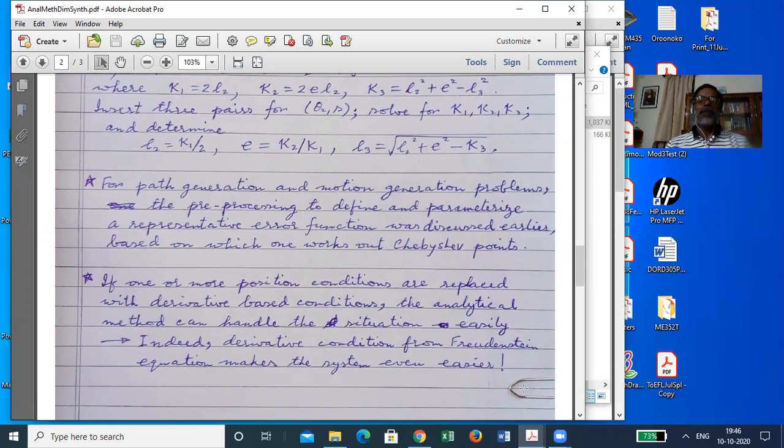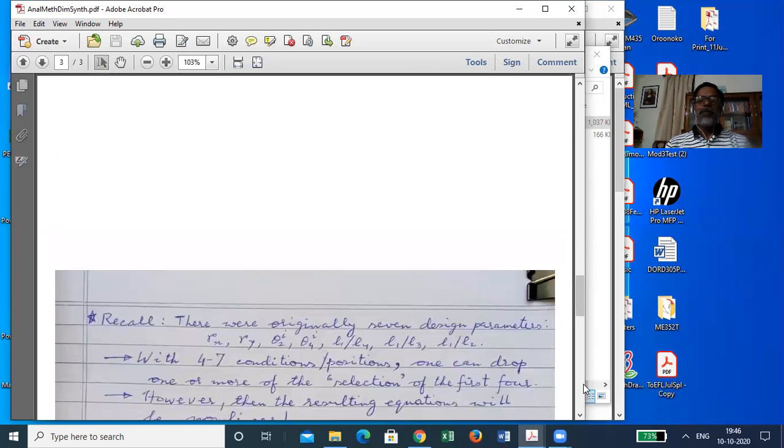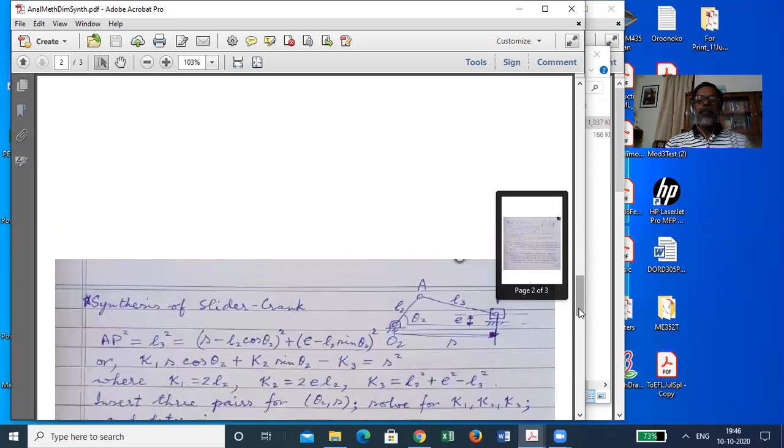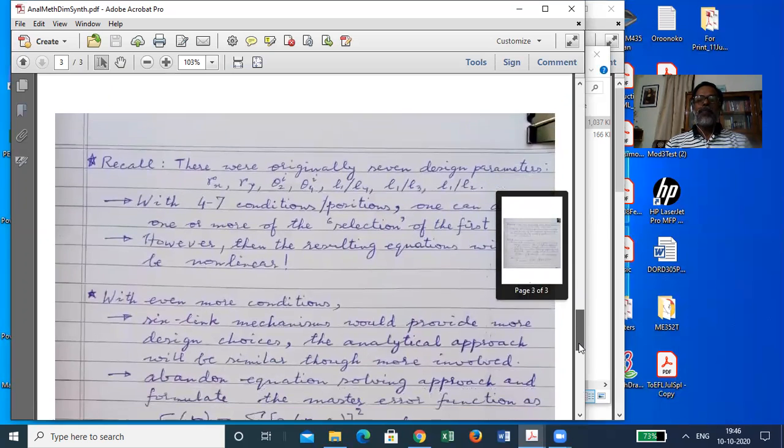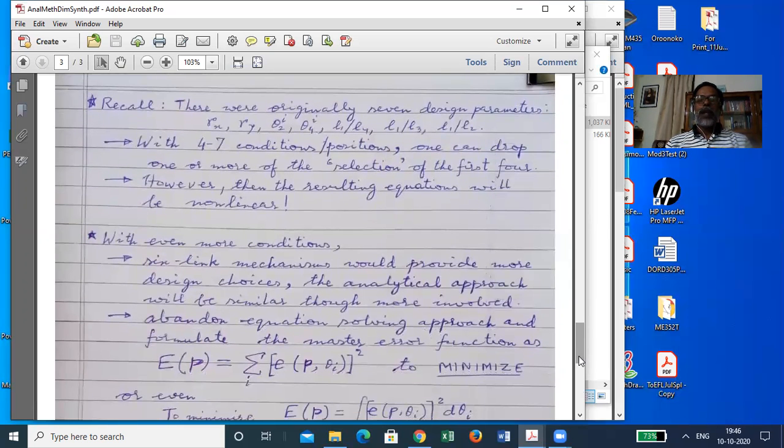Other kinds of changes, for example, if you are talking about synthesis with more points, you say no, three position synthesis is not accurate enough for my purpose. I want better. So if you want better, then you recall initially we worked out that for 4-bar mechanism, actually there were 7 design parameters.